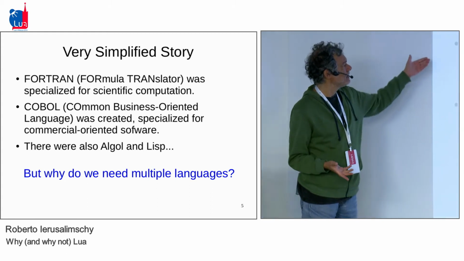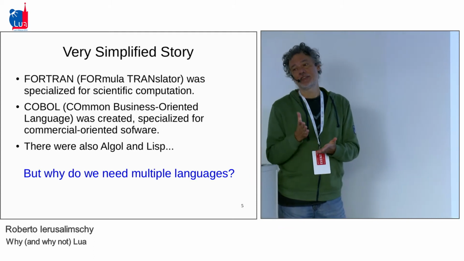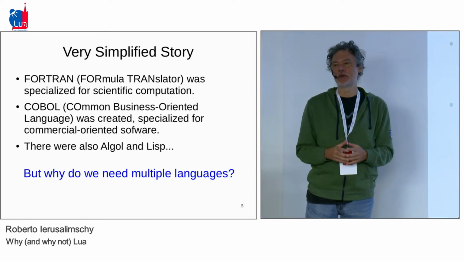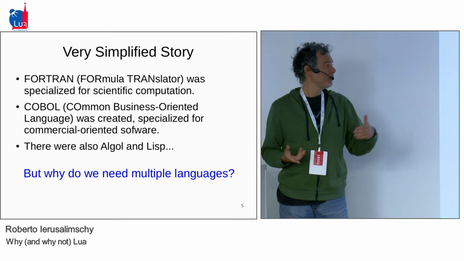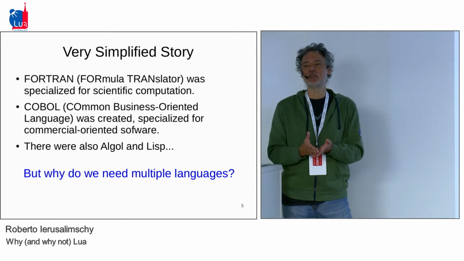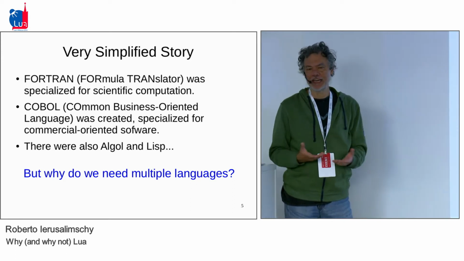And then they created COBOL, another kind of domain-specific language, for commercial software. And they created ALGOL, a domain-specific language to write algorithms, tree manipulation, and that kind of stuff.